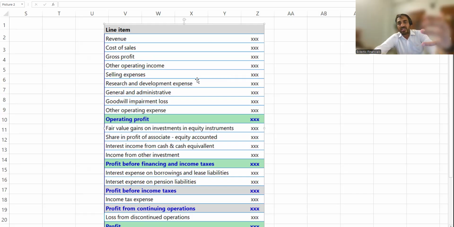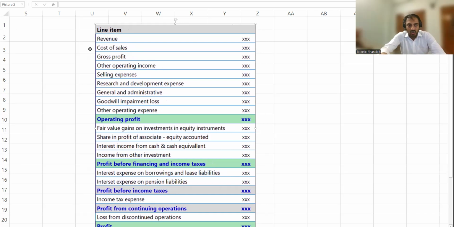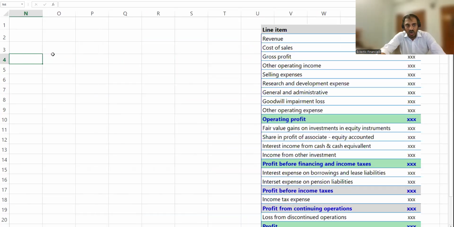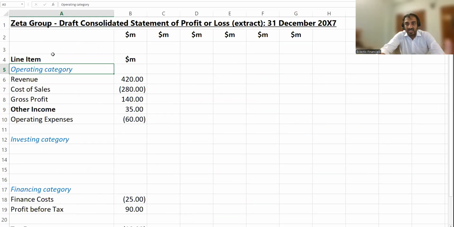Yes, we need to incorporate them with the particular categorization rules. But the final shape of the P&L is like this, mentioning the mandatory subtotals and optional ones as well. In an exam question, it's not necessary that they mention these headings. I've attached these headings just to support you.